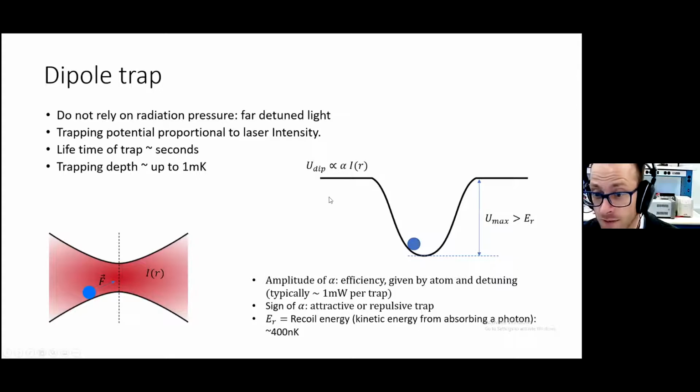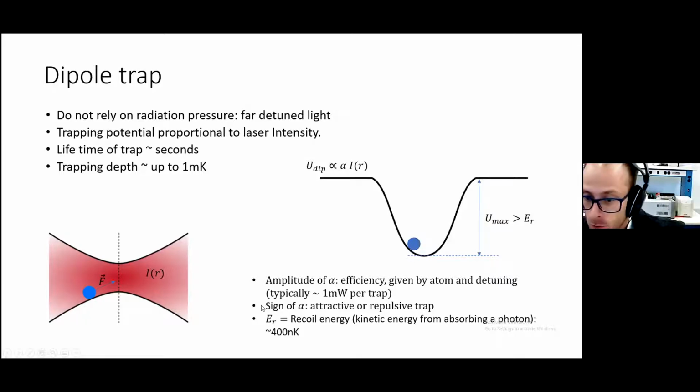Finally, the sign of alpha, as I will describe on the next slide, defines if the trap is an attractive trap or a repulsive trap. And finally, the figure of merit in this kind of trap is really how deep is the trap compared to the residual kinetic energy of your atom.